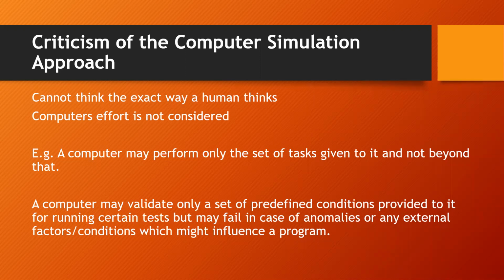But we can go beyond that. We can do critical thinking, analytical thinking, creative thinking, all sorts of thinking. A computer cannot do all kinds of things. Whatever you ask, it gives the repetitive answer it has got. A computer may validate only a set of predefined conditions provided to it for running certain tests, but may also fail in case of anomalies or external factors which might influence a program.